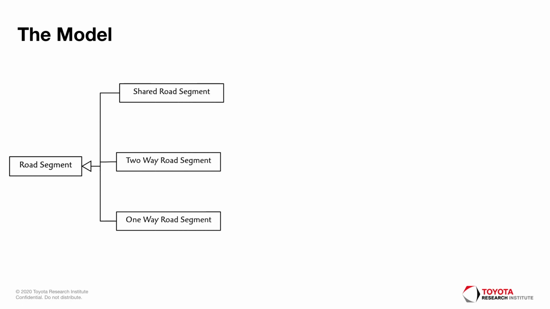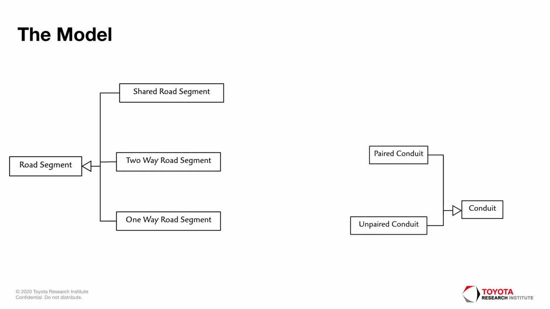We start off with the road segment class and its various types, shared, two-way, and one-way. Then way over on the right, we'll put the conduit class. And to start off with, we'll just break it down into paired conduits and unpaired conduits. Now we're going to say that an unpaired conduit defines a single flow of traffic on exactly one one-way road segment.